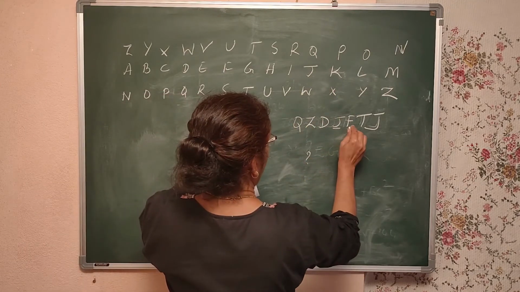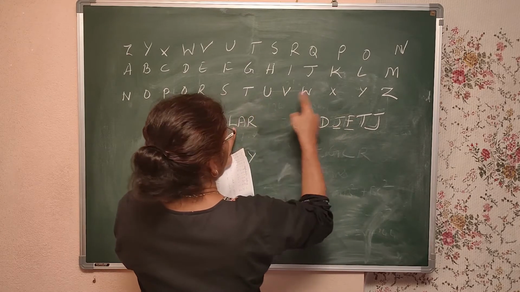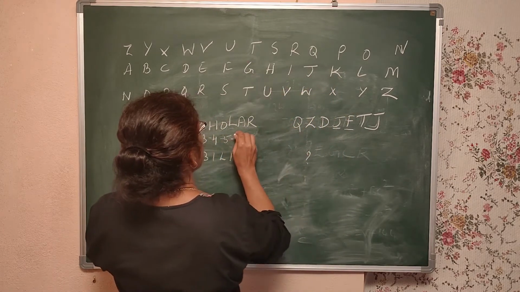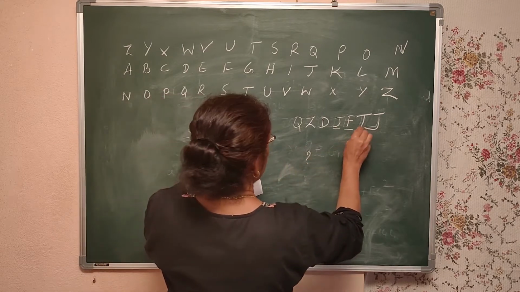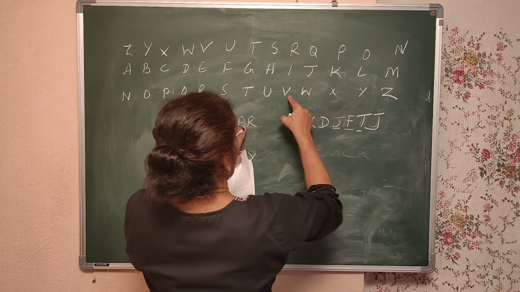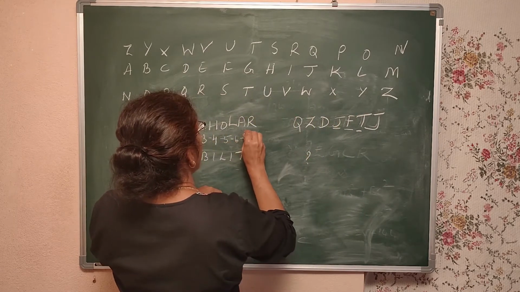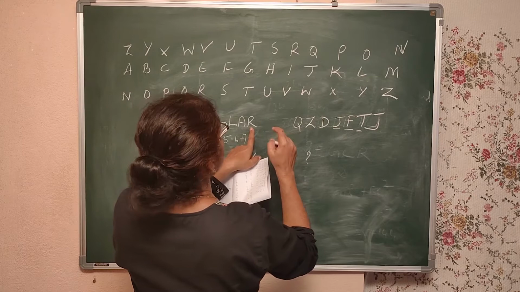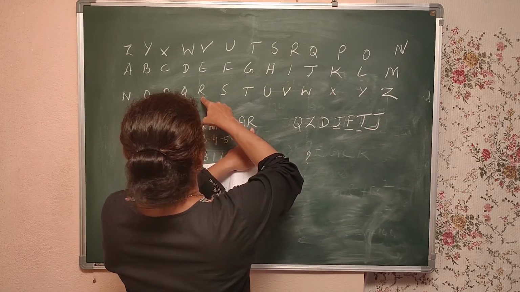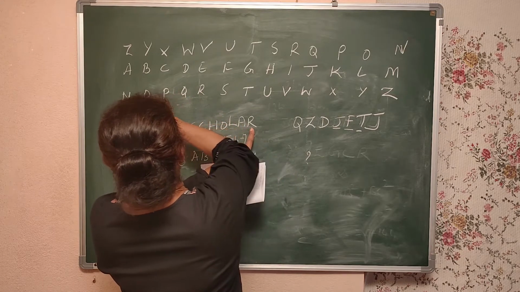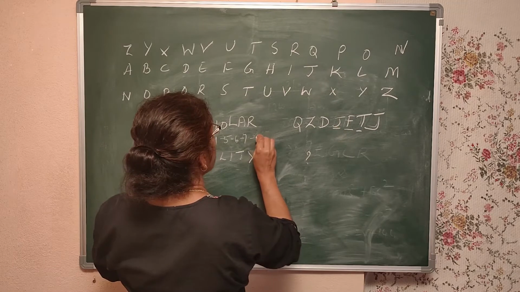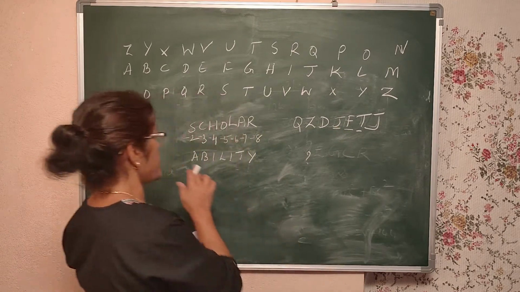L is coded as F: where is L? 1, 2, 3, 4, 5, 6, minus 6. A is coded as T: 1 to 7, minus 7. R is coded as J: 1 to 8, so minus 8. It starts from minus 2.